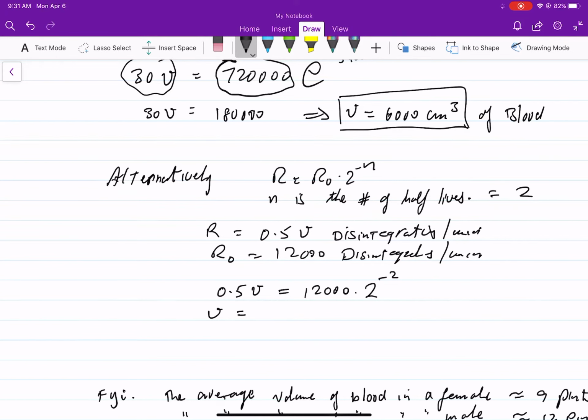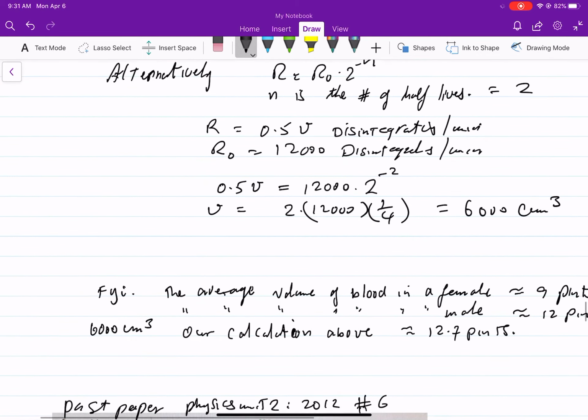If I carry the half to the other side, it becomes 2 times 12,000, and 2 to the minus 2 is a quarter. Voila. 2 times a quarter is a half of 12,000, which is 6,000 centimeters cubed. So I could have just worked based on the number of half-lives present, and that would have given me the same result, which I think is pretty cool. Okay.